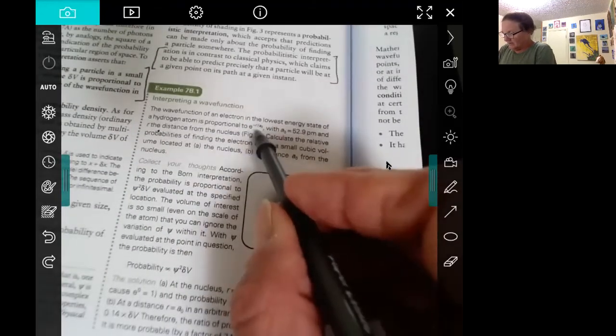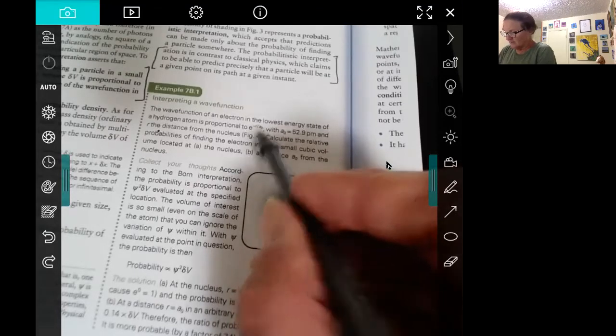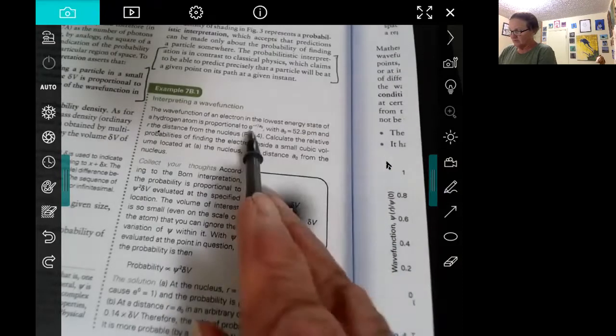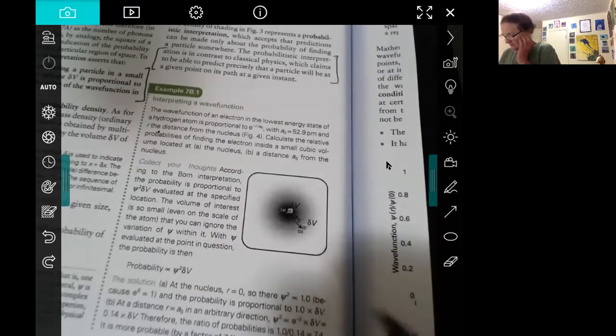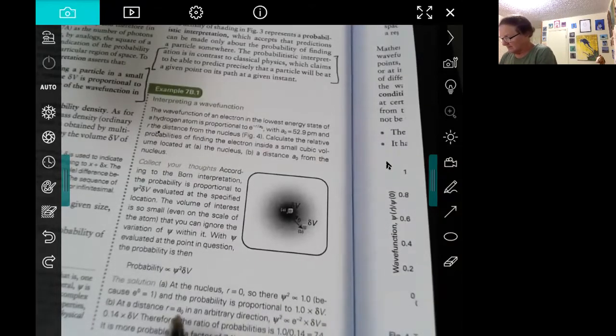At r equals 0, e to the minus 2r over a0, because that's the wave function squared, is just equal to 1, because e to the minus 0 is 1. So at the nucleus, it's 1. What's the probability of finding it at a0?